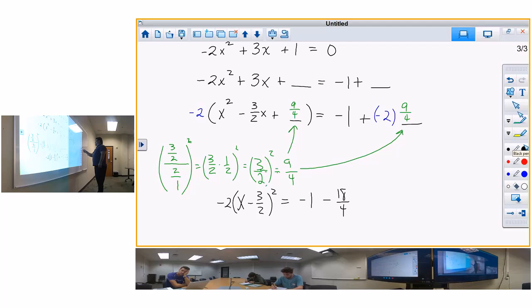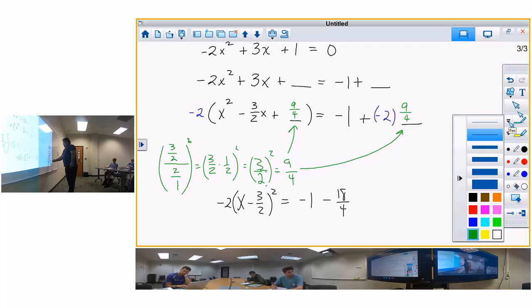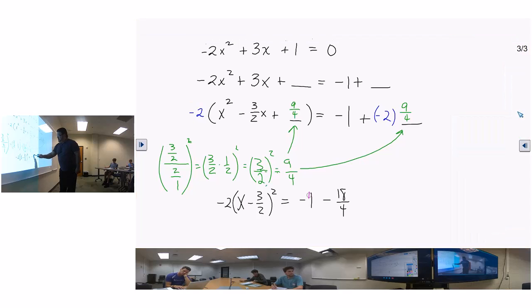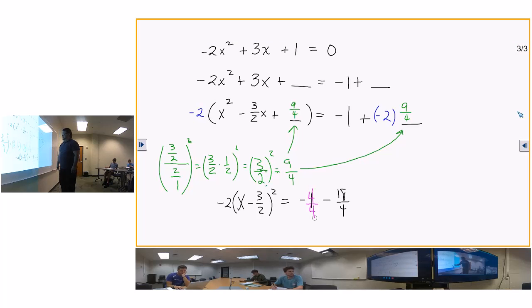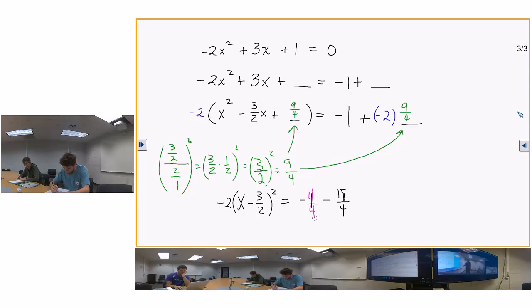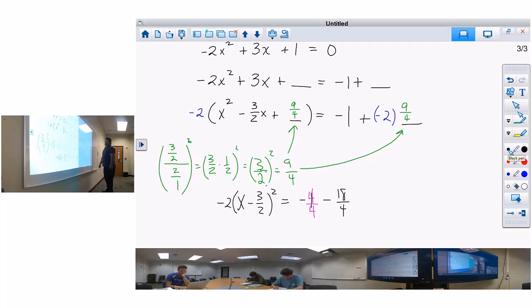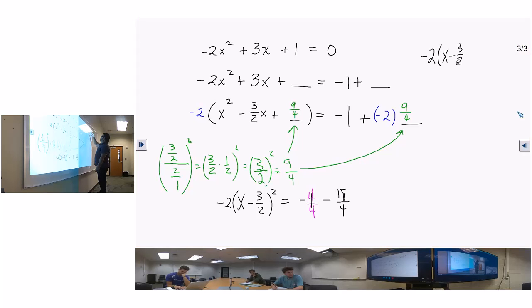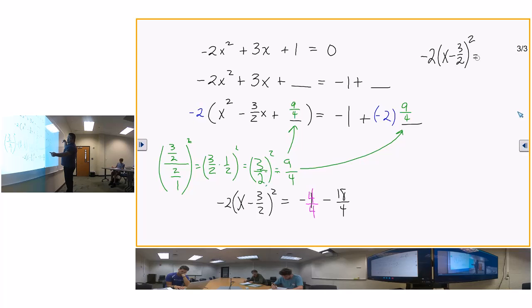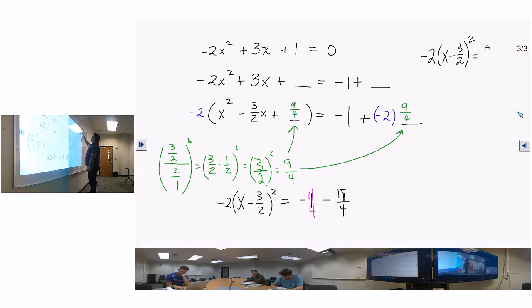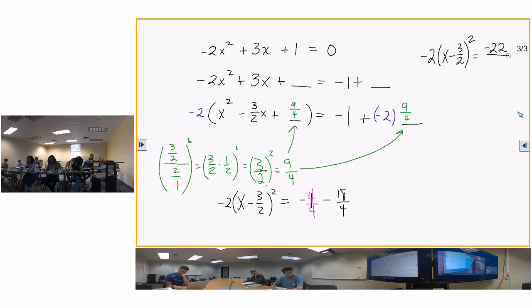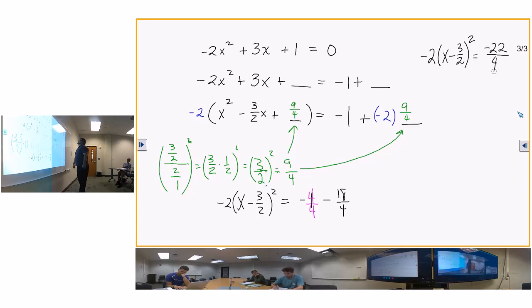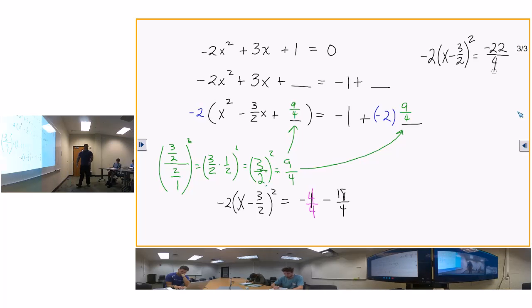So I'm going to change that 1 to a 4/4. So that's going to give us negative 2 times x minus 3 halves quantity squared is equal to, what's negative 4 minus 18? Negative 22/4. And now you can write your vertex down.